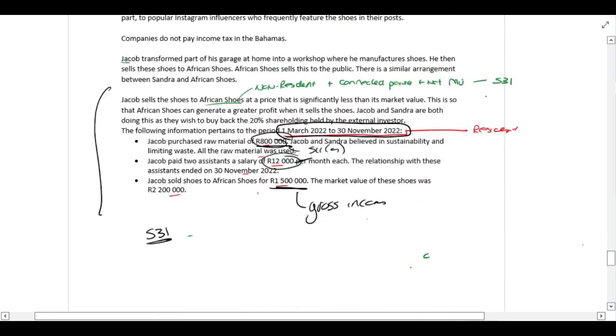Section 31 says if you are a connected person to a non-resident and there's some transaction which is less than market value, which means someone doesn't pay enough tax, you need to fix it. So that difference of 2.2 million minus 1.5 million, that's 700,000.